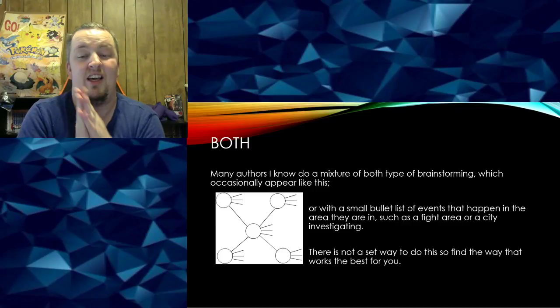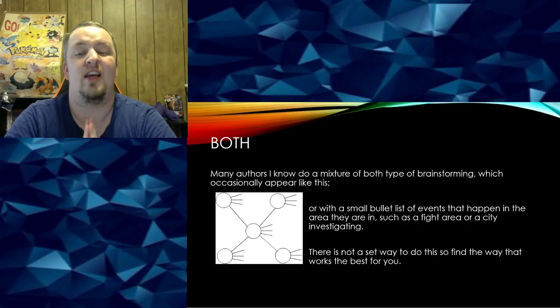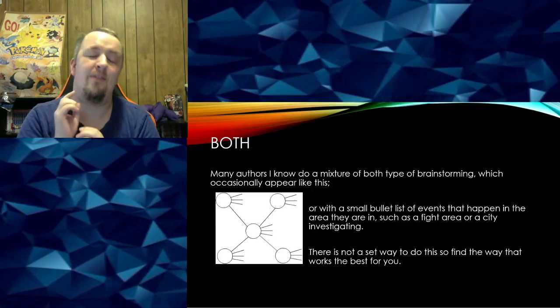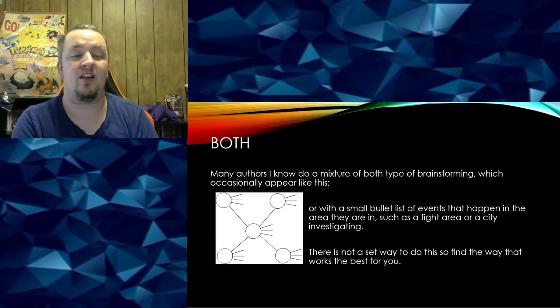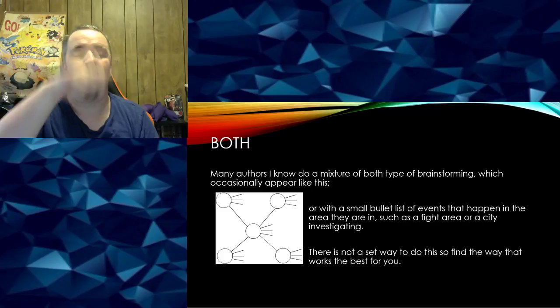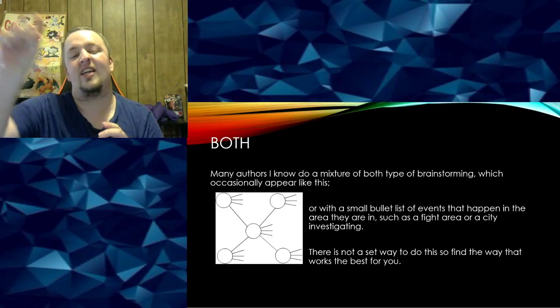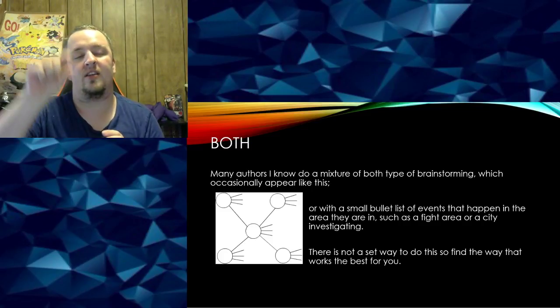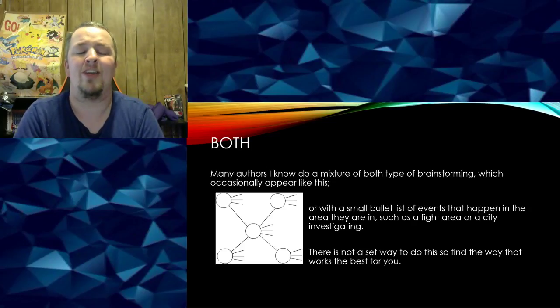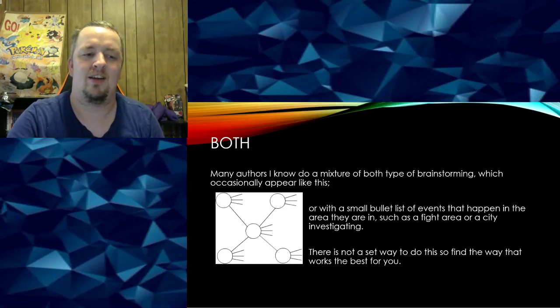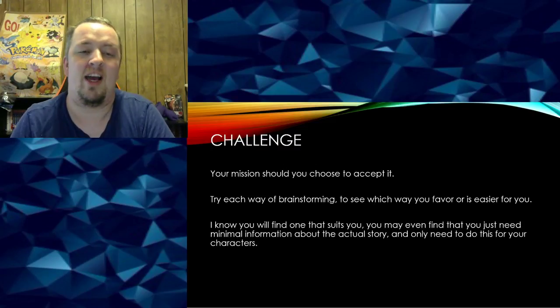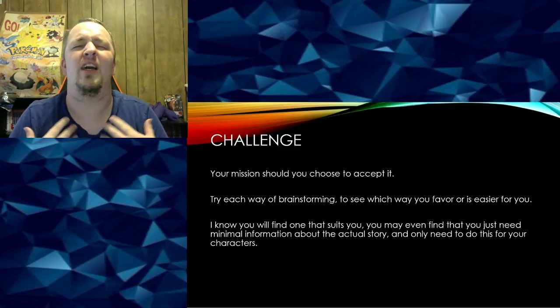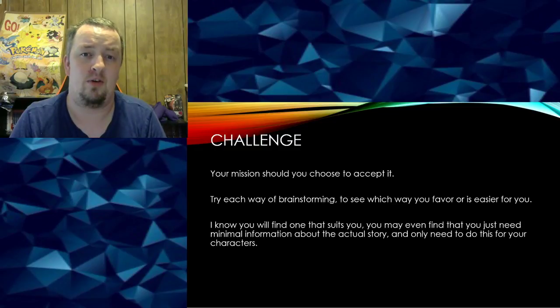Like I said, there is no set way to do this. Find the way that best suits you. If you want to do it this way as shown, you have the list, and then you have each individual item listed off to the side, go ahead and do that. Try out different things. And I can't say enough about trying, because writing is something that you want to do.